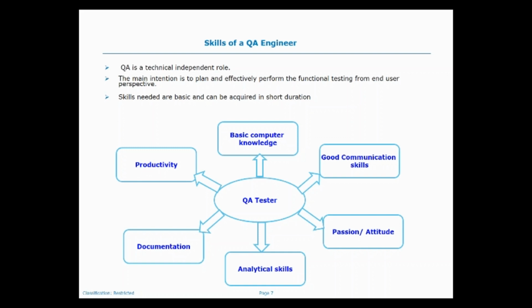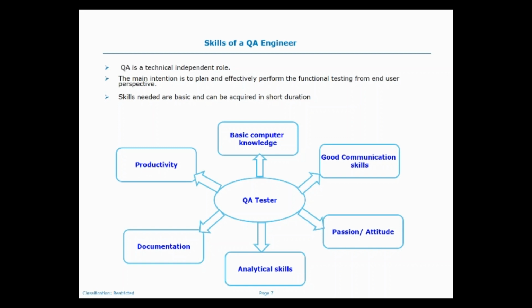Suppose we have a TV and we have a remote control. If we have the knowledge that this remote control is only for the TV, it is not going to work for the DVD, so we will not use it for the DVD. That knowledge is very critical for the QA tester.